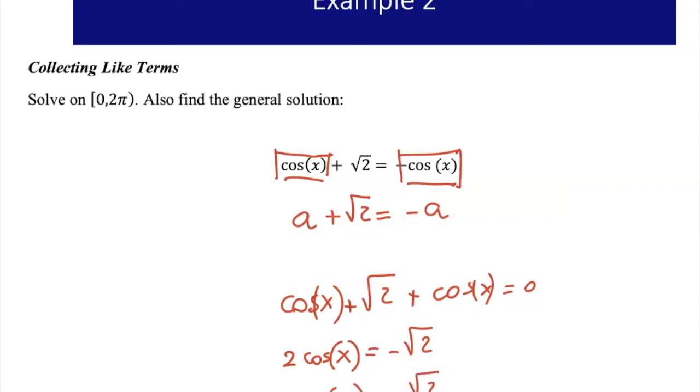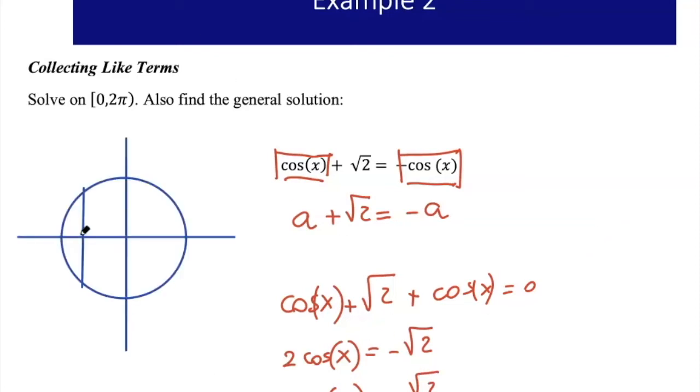At this point, I get a cosine that I know and I recognize, and I can figure out what angle has that cosine. Now, negative root 2 over 2 is about here, and the angles corresponding to this are this angle here and this angle here. So we're talking about 3 pi over 4 and 5 pi over 4.